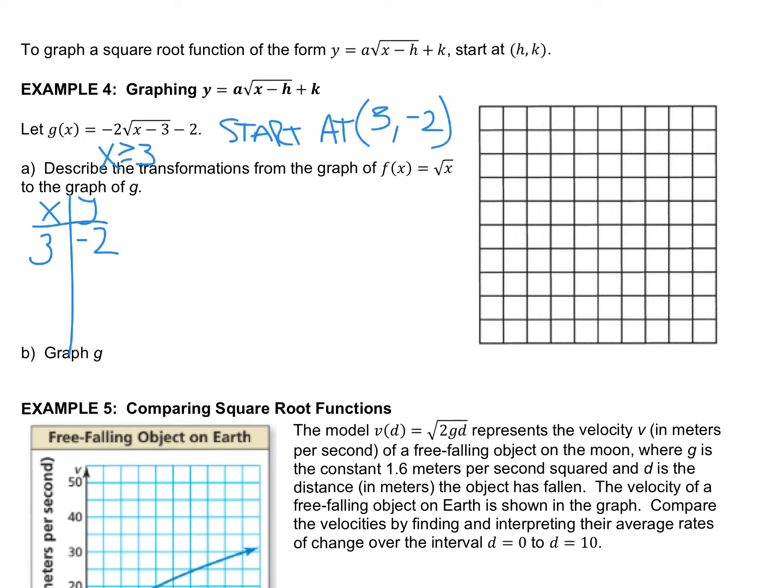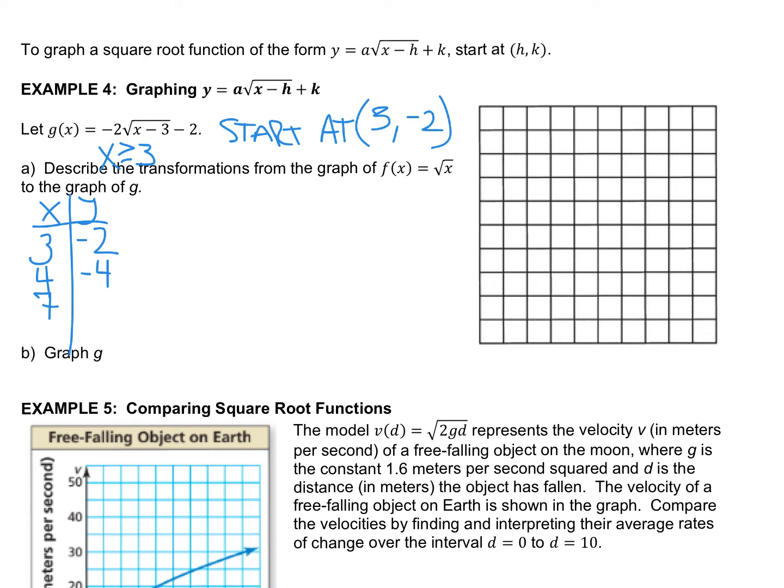Now the next number I'm going to use is 4, because I know 4 minus 3 in the radicand would give me 1. Square root of 1 is still 1, times -2 is -2, minus 2 is -4. Then I'm thinking of my next perfect square, which is 4. So now I'm going to plug in a 7.